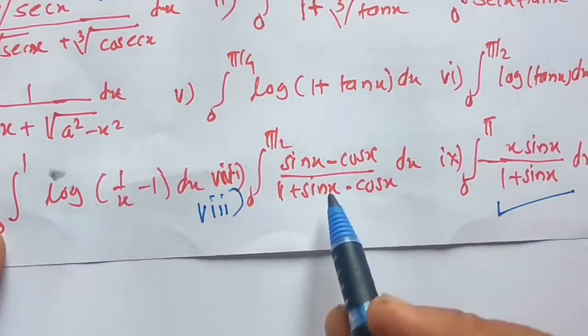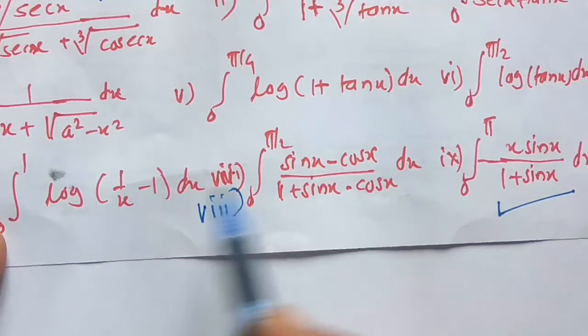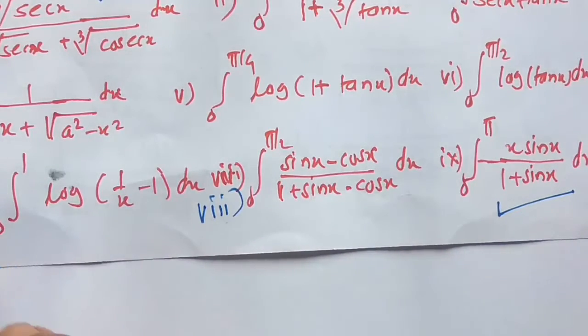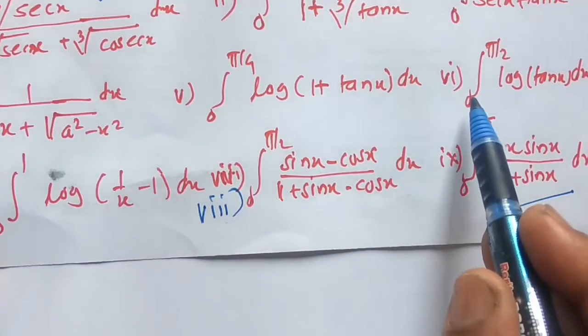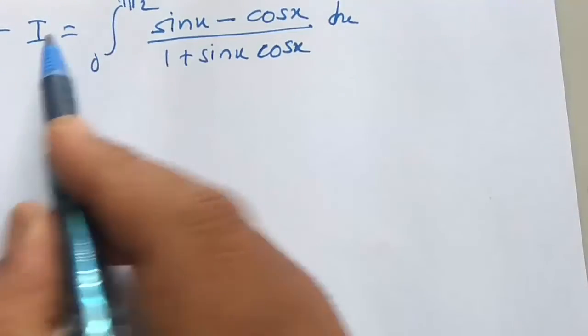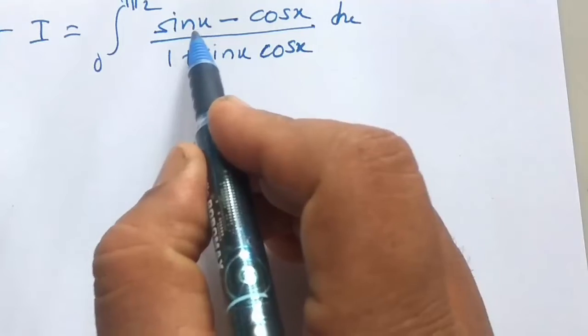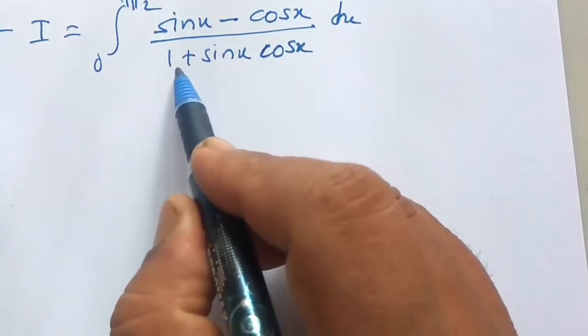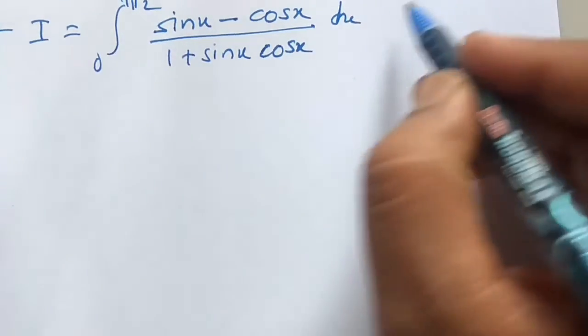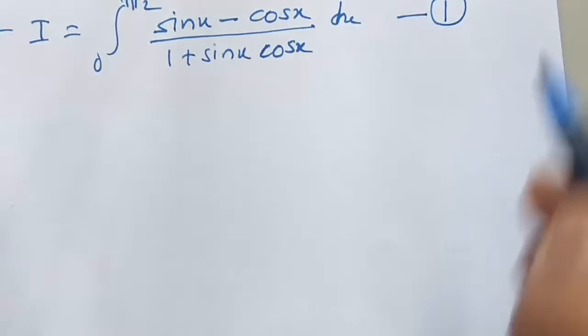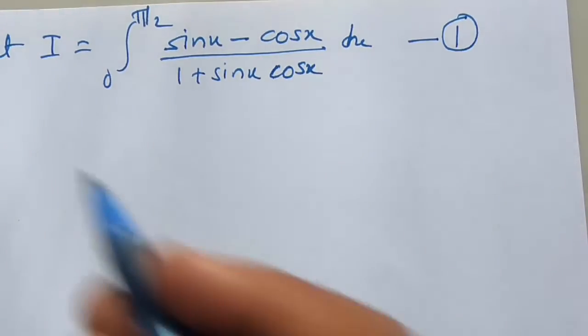It is same as the previous example number 7 and number 6. We denote I is equal to the integral from 0 to pi by 2 of (sin x minus cos x) upon (1 plus sin x into cos x) dx. We call it equation number 1.